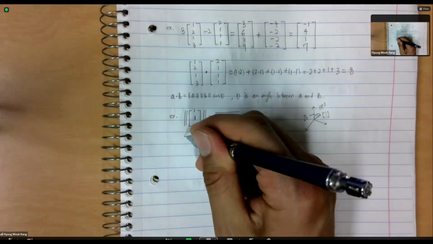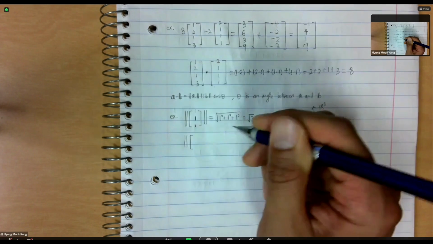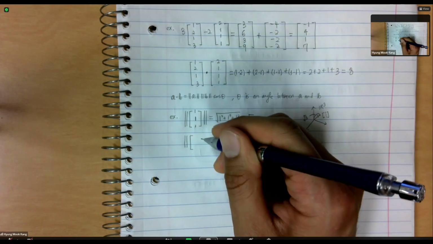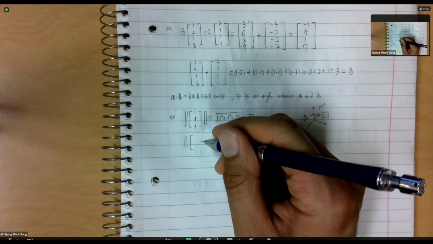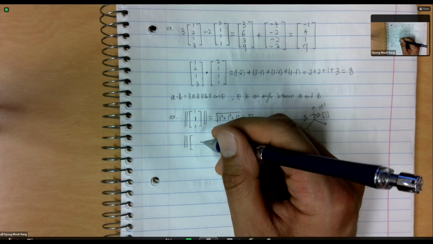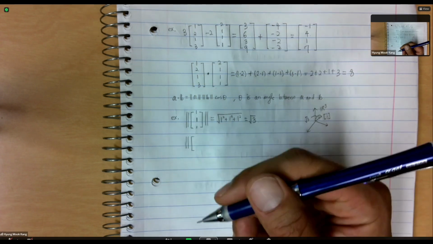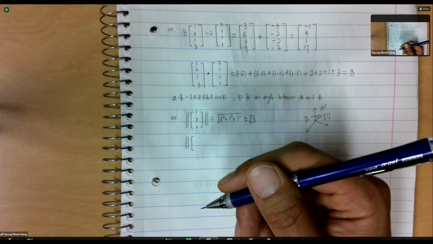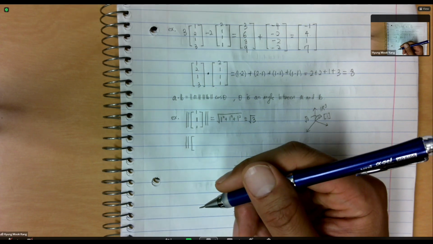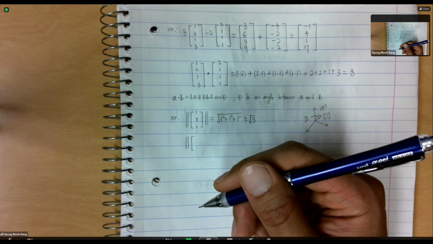Likewise, let's go with the best possible example that I can think of. We have 1, 1, 1, with length square root of 3.